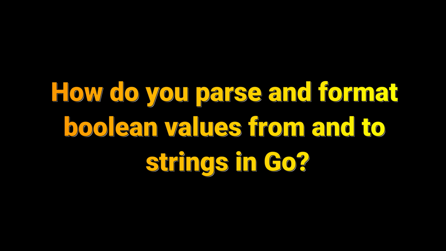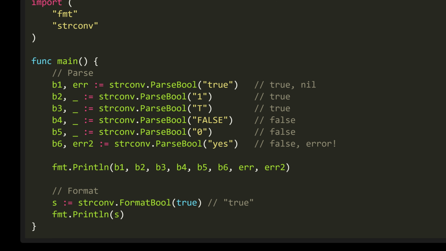Question: how do you parse and format Boolean values from and to strings in Go? In Go, you can use the strconv package to work with Boolean strings. To convert a string to a bool, use strconv.ParseBool. It accepts values like true, false, 1, 0, t, and f in any case.